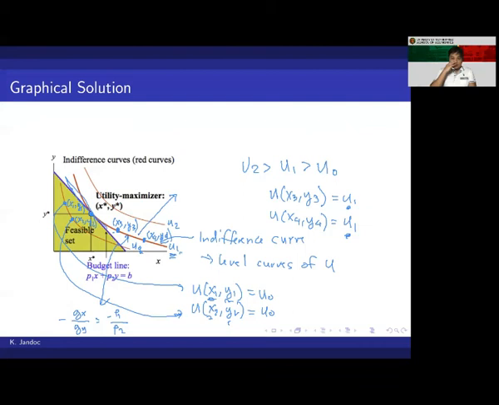Since this is a level curve, it is just equal to negative the partial of u with respect to x divided by the partial of u with respect to y. Just brush up on the implicit function theorem, on finding the slopes of level curves. So this is just equal to negative ux over uy.